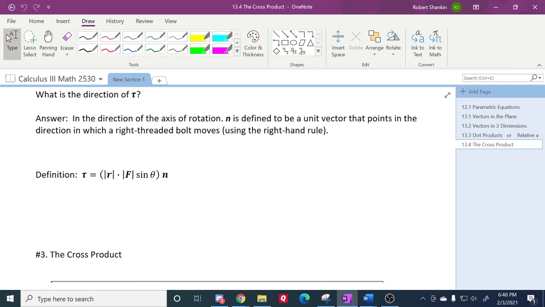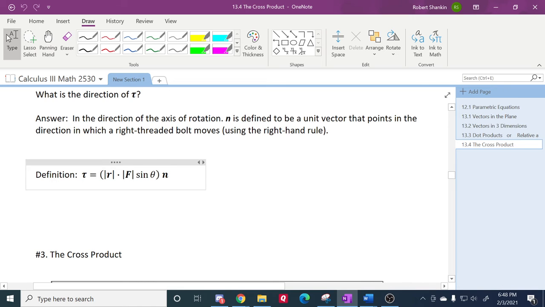The direction is perpendicular to that sheet of paper. But there are two possible directions. Use the right-hand rule to pick which direction. That's the direction of N, a unit vector in that direction with this magnitude.